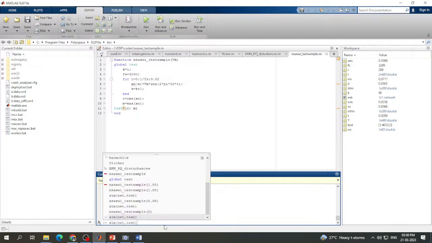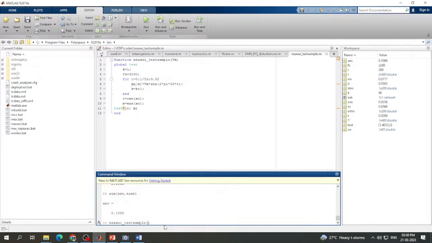Now if I give, suppose, 0.2, okay, that one also is not present in the ANN. So let's check where it is going. It is going to 0.2003. That means the interruption part, because it is nearer to interruption. So for sag and swell you also have to write the code and train the model with these parameters, or some other parameters also, to check whether it is correct or not.